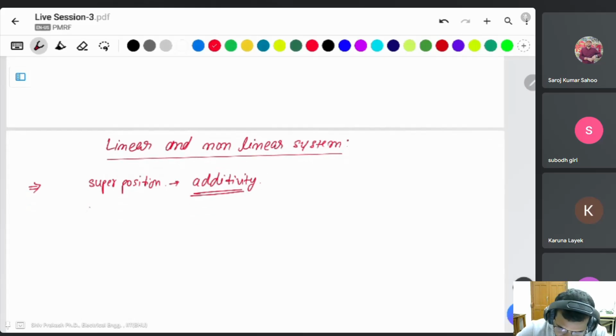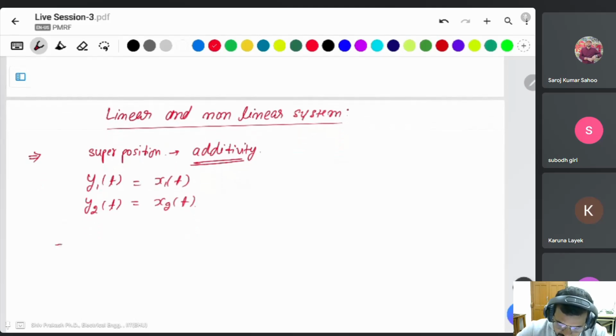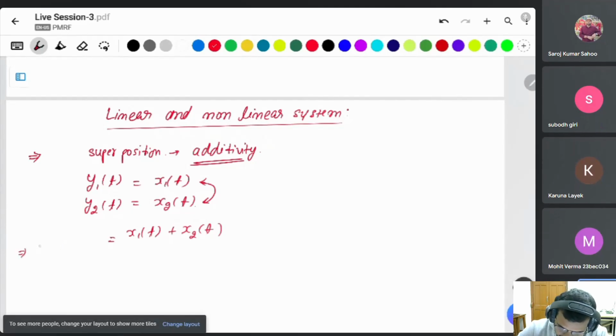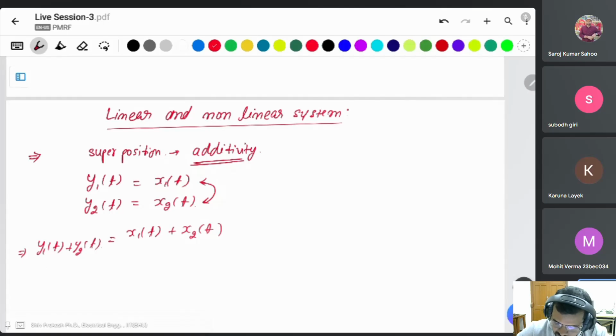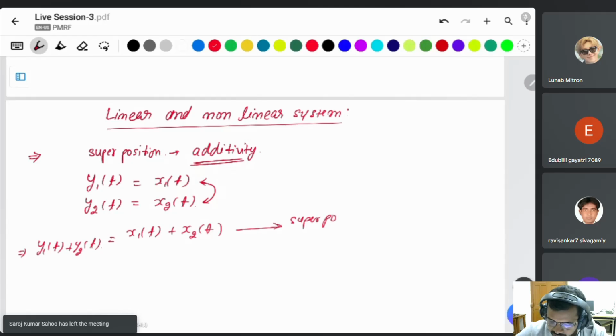Like if you have a system y1(t) equal to x1(t), and another system y2(t) equal to x2(t). If you add these two inputs, the output will be y1(t) plus y2(t). This type of system verifies superposition.